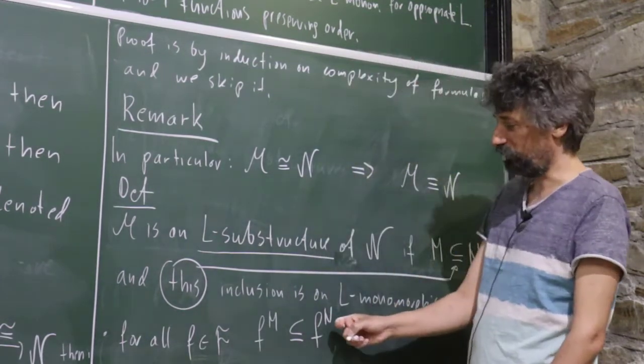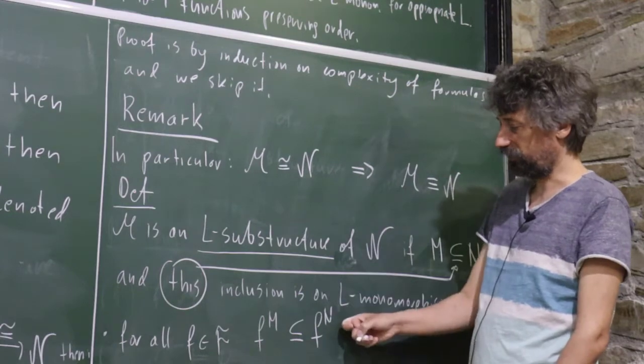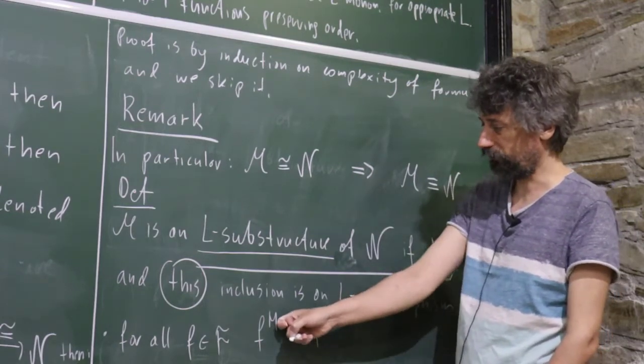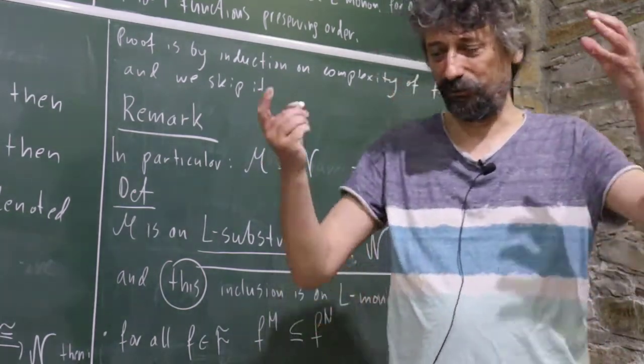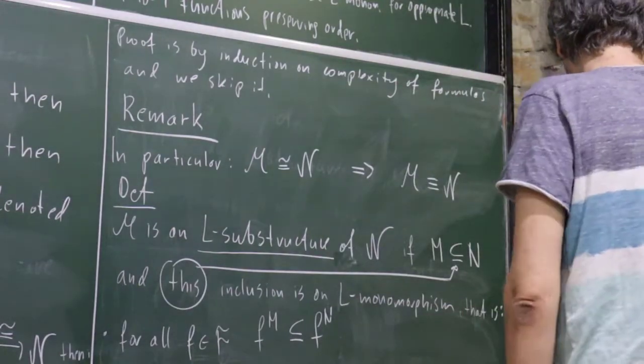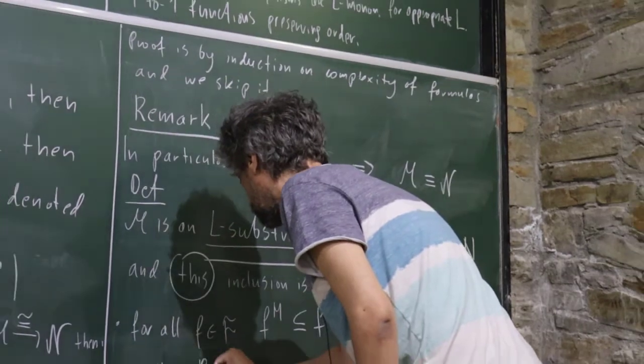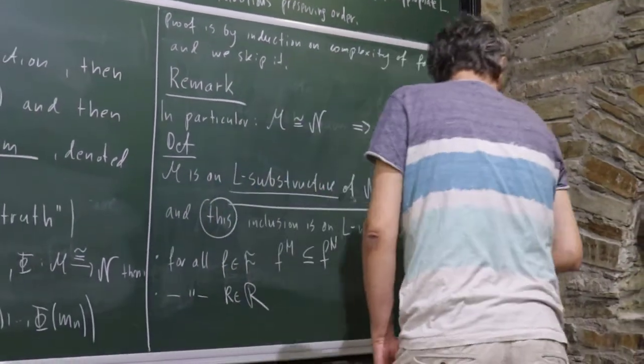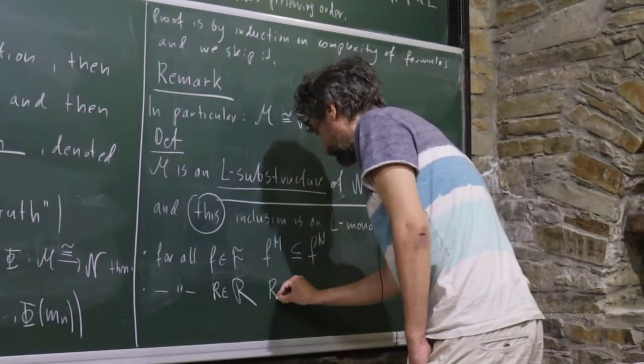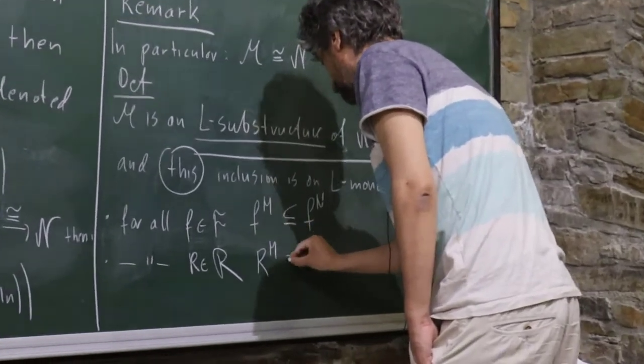Okay, this notation means that Fn restricted to the power of m is Fm, but formally it means that the graph is contained in the graph, for all R in R. So that's the difference, kind of.